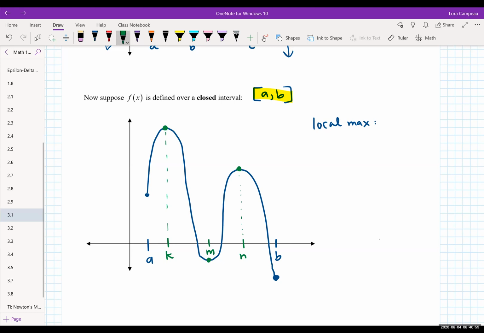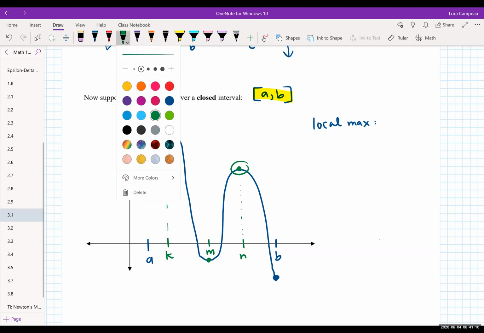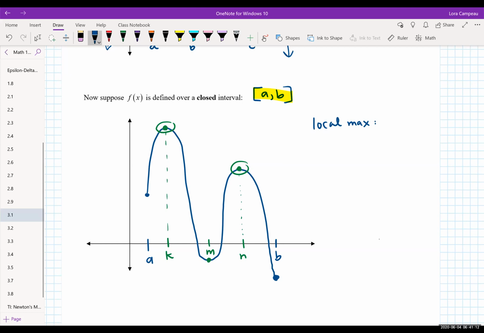Well, when I look at the neighborhoods, I'm seeing all these high points, these maximums. So if you're reaching a local max, we should have the function evaluated at k. That's a high point. And in this case, the function evaluated at n.